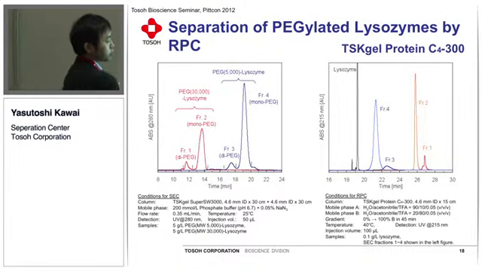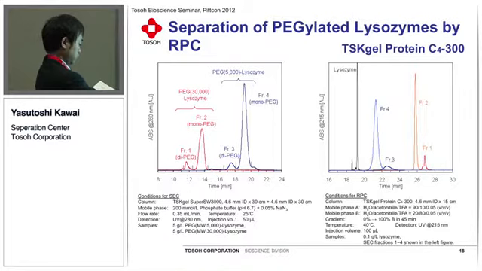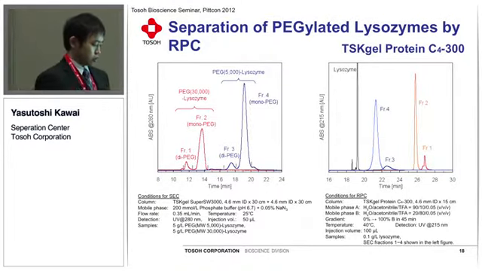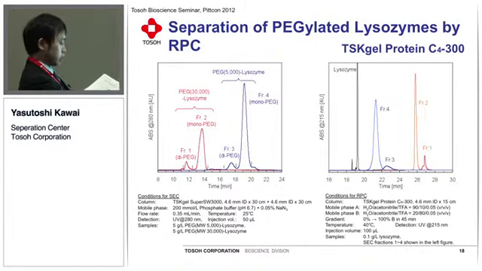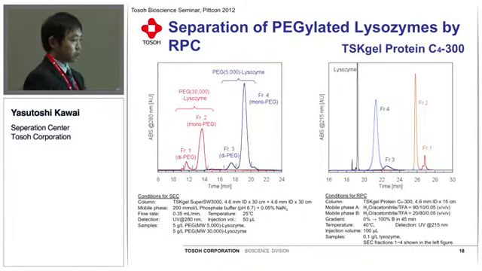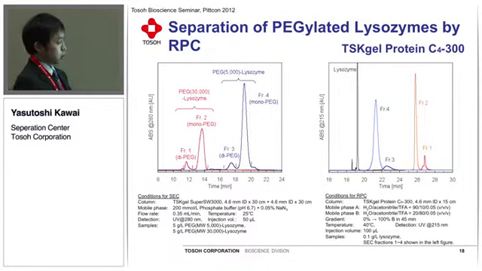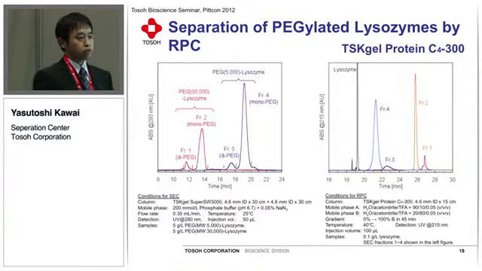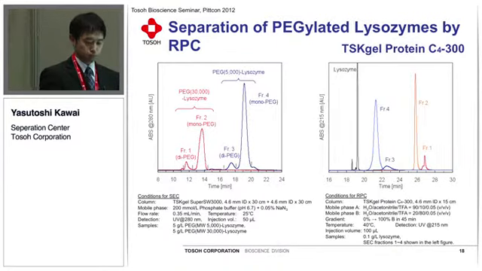And then each SEC fraction was applied to the RPC column in the right figure. You find that PEG-conjugated species were more strongly retained by RPC compared to the intact species. This data means that PEGylated proteins are also separated by RPC, the same as by SEC column.